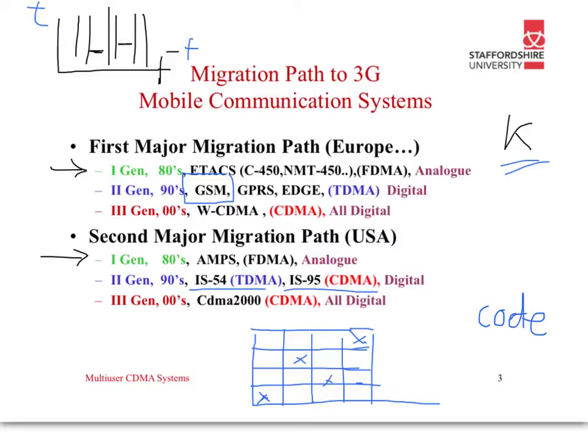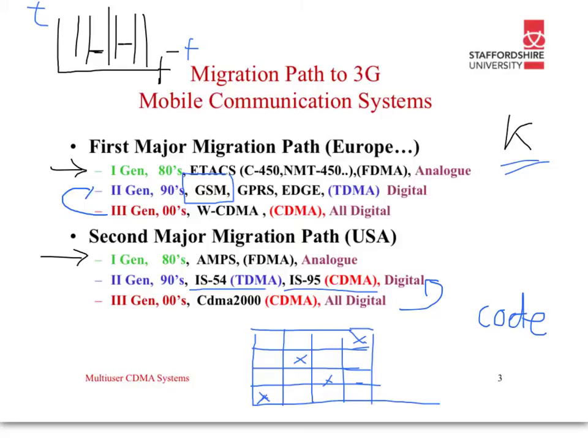Again, in the US we had CDMA2000, and in Europe we had wideband CDMA. CDMA2000 is backwardly compatible with IS-95, whereas wideband CDMA is backwardly compatible with second generation GSM. I haven't mentioned GPRS, which is General Packet Radio Service, and Enhanced Data rates for GSM Evolution.